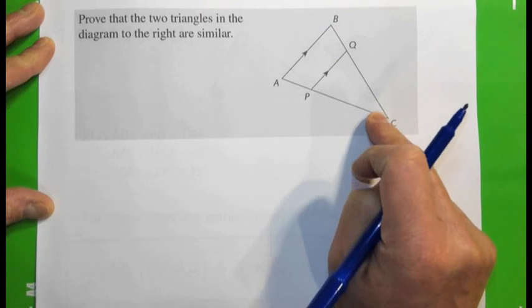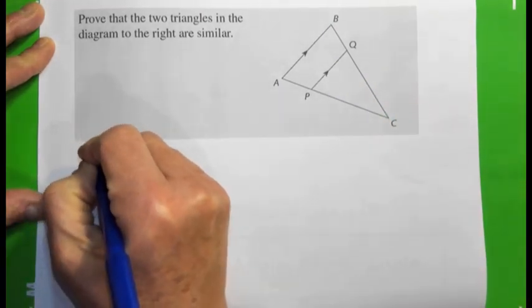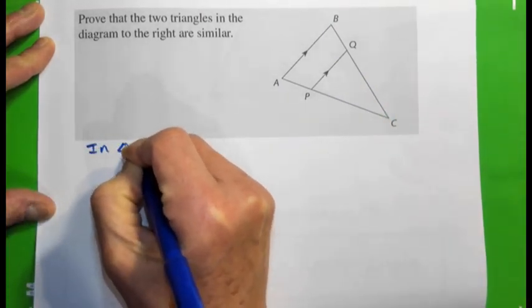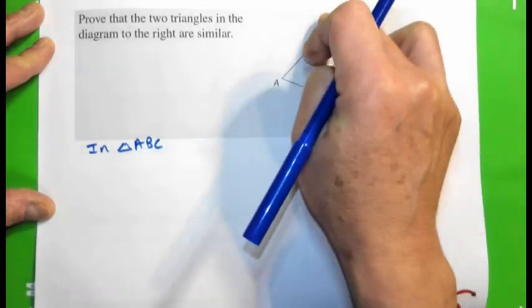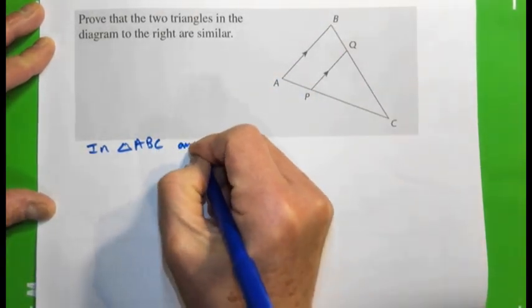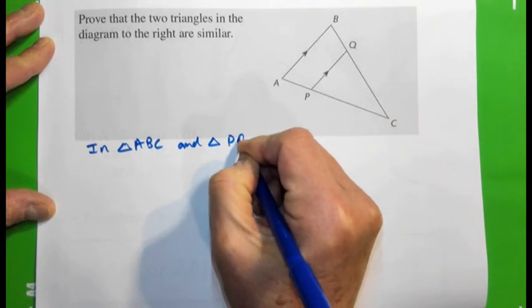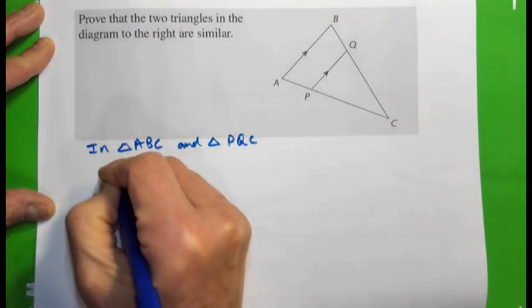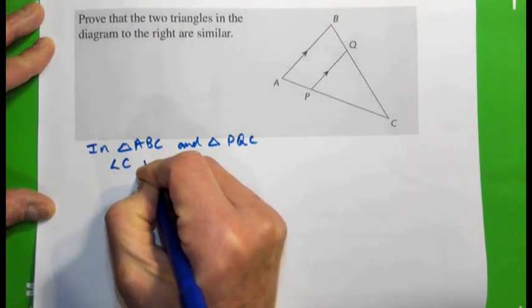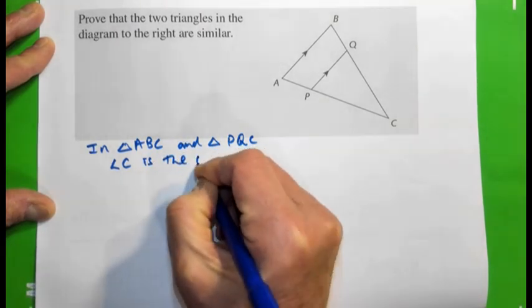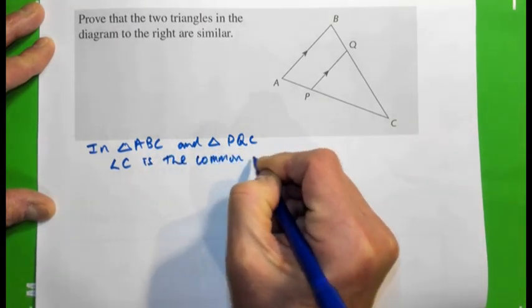The way we write it is: in triangle ABC and triangle PQC, angle C is the common angle.